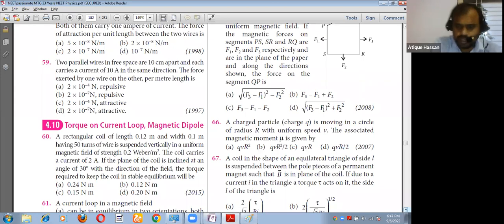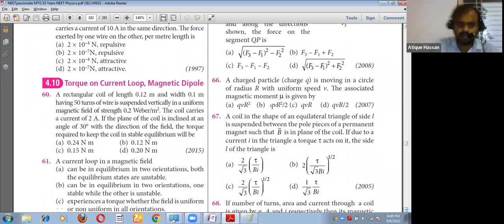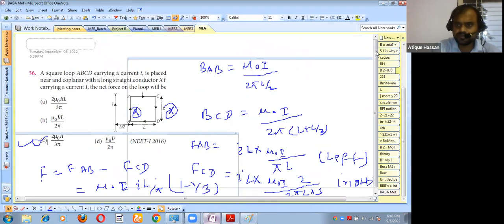Now we will move to the questions based on torque on a current loop or magnetic dipole. We know the formula for torque on a loop.